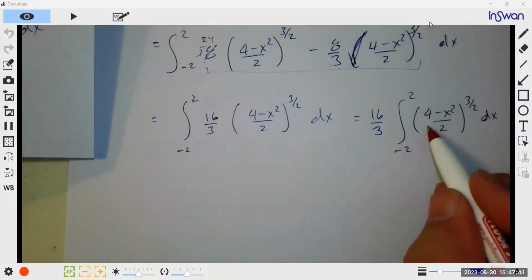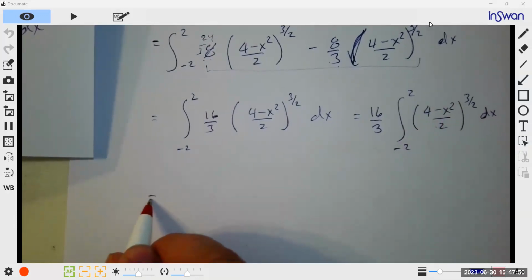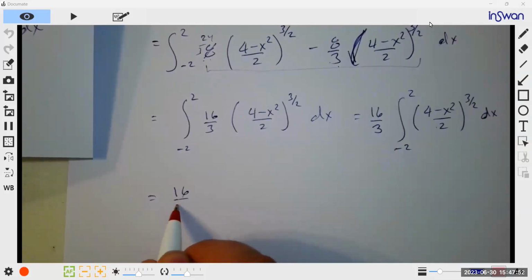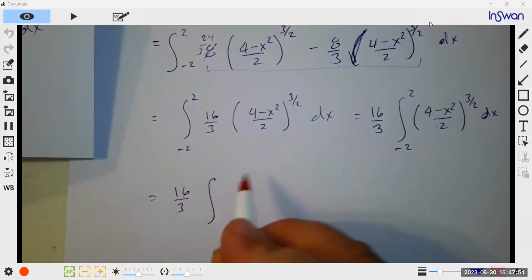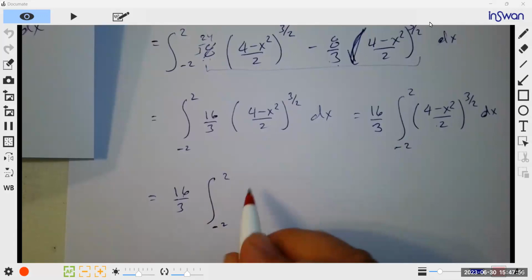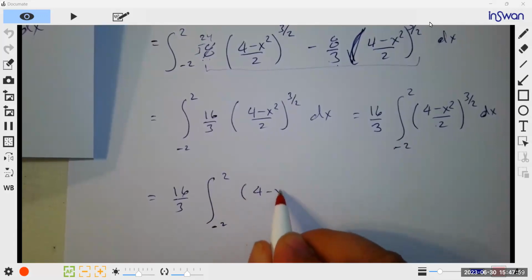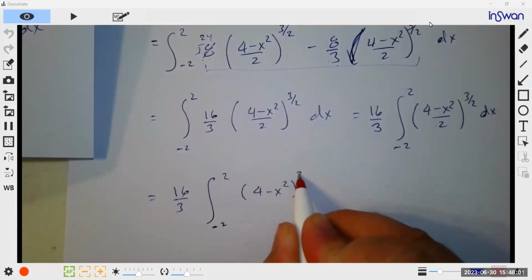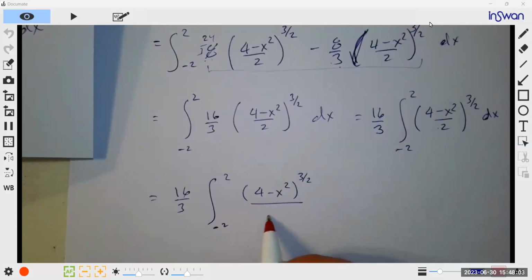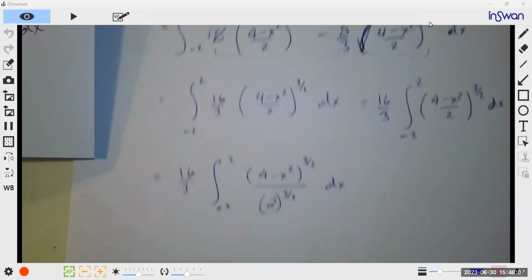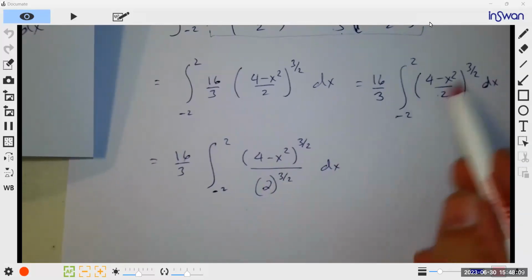Let's see what this one becomes. So we can split these up. This one's going to get ugly really quick. But we only want with respect to x, so we can separate those.